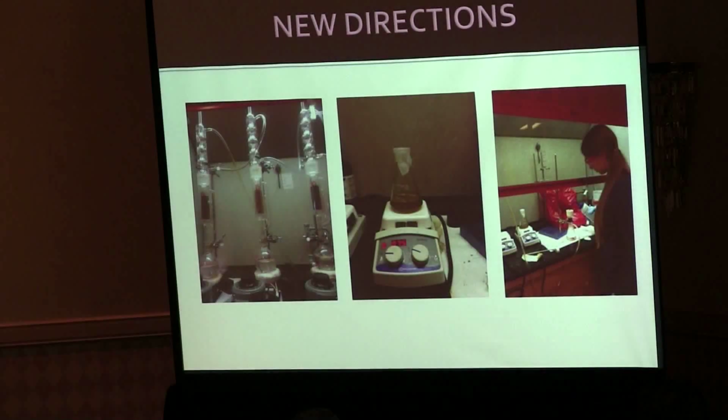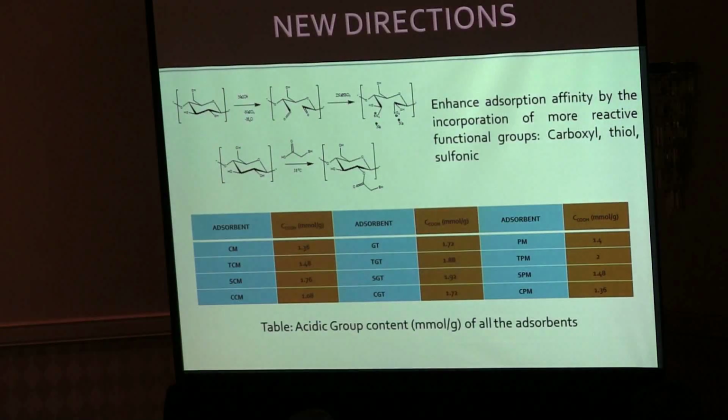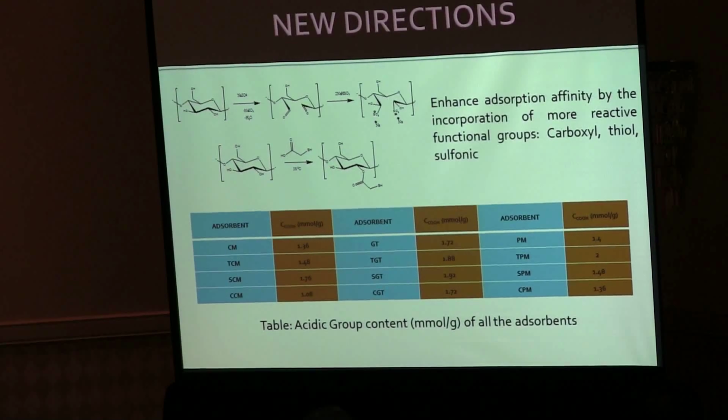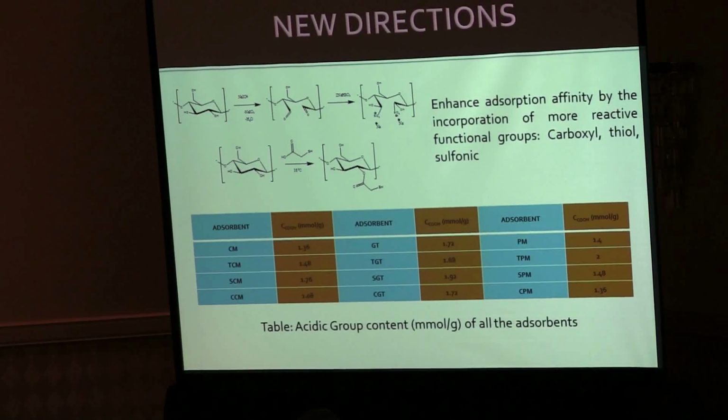Sorry. So for the chemical modification, we were incorporating 3 different groups: sulfonation, carboxylation, and thiolation. Very simple reactions: cleavage and incorporation of the sulfonic acid. For the thiol, we just have an ester that has a thiol group on the other end. And for carboxylation, we were using succinic acid.